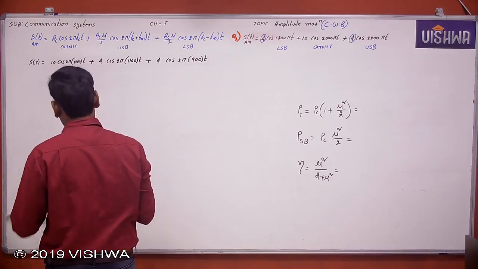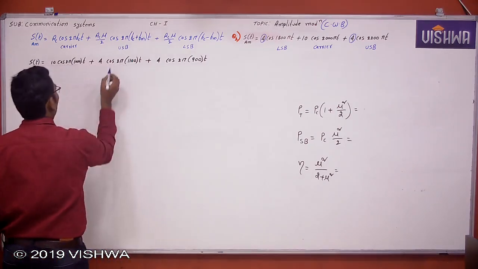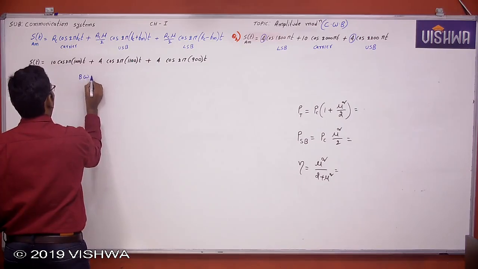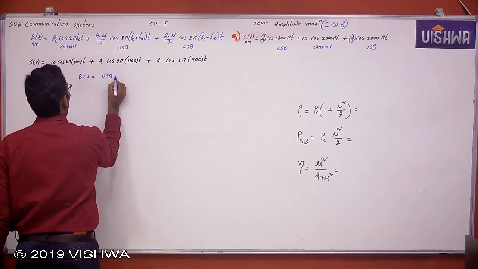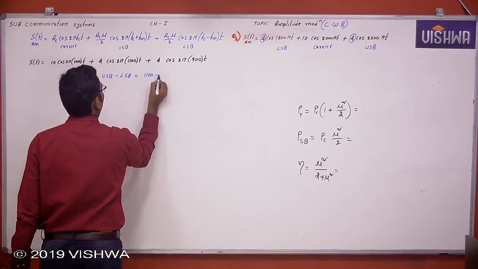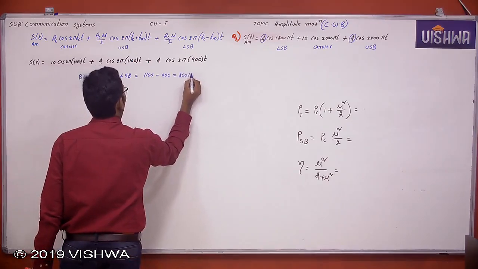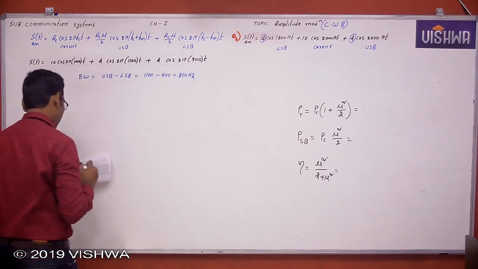Carrier, upper sideband, lower sideband. Therefore, what is the bandwidth? Now the bandwidth is the first parameter: upper sideband minus lower sideband, completed. Upper sideband is 1100 minus lower sideband 900, which is equal to 200 hertz. That is the bandwidth.